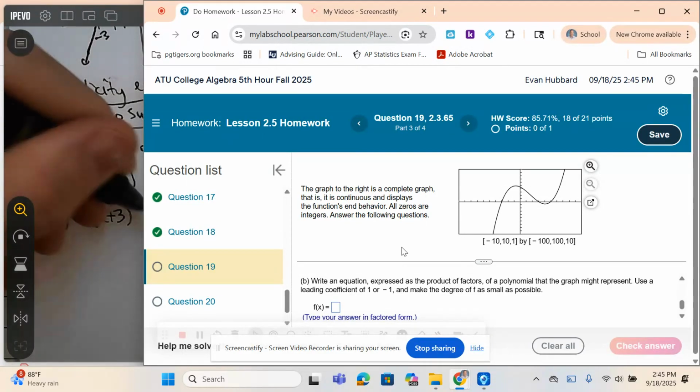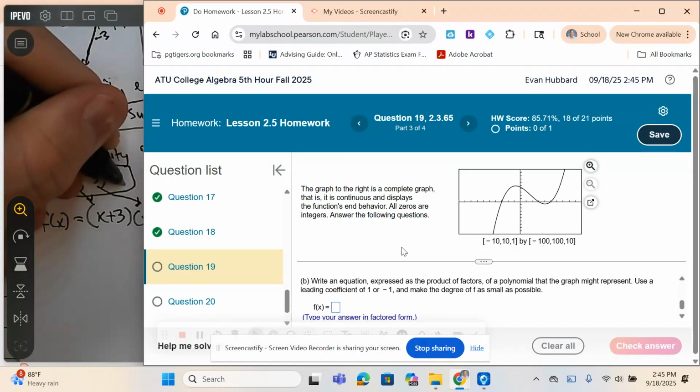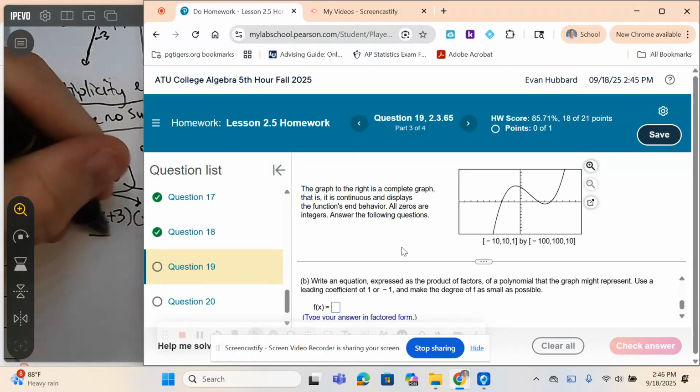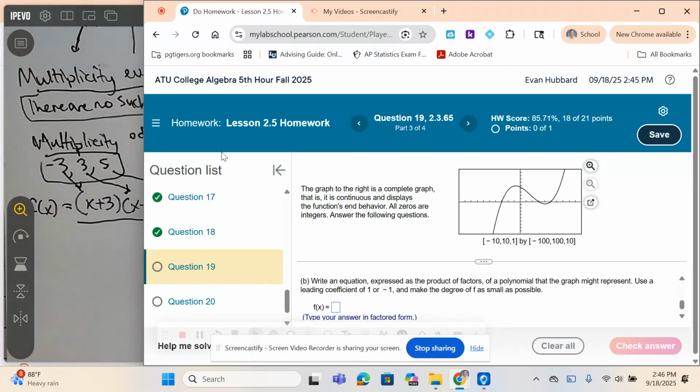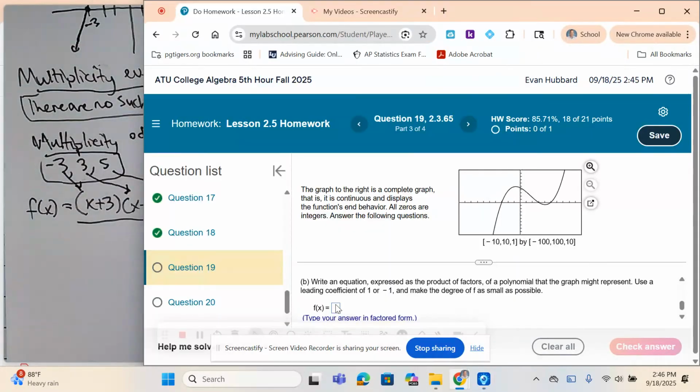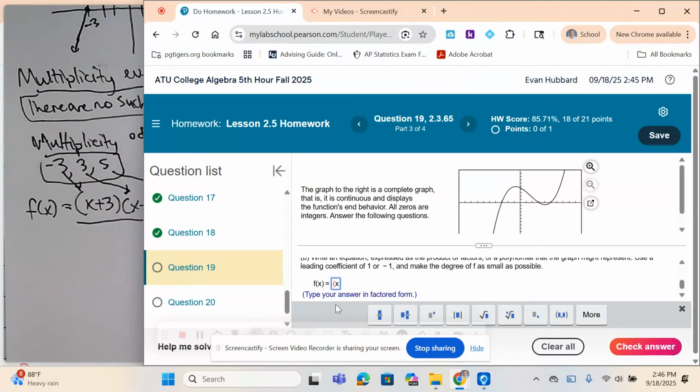For positive 3, you're going to do x minus 3. And for 5, you're going to do x minus 5. So let's see if this works: x plus 3, x minus 3, x minus 5.